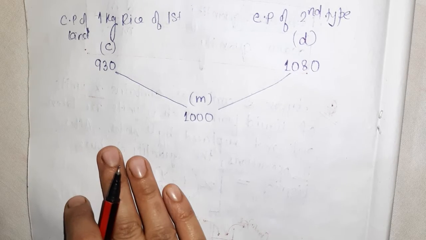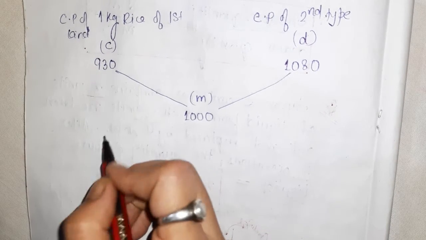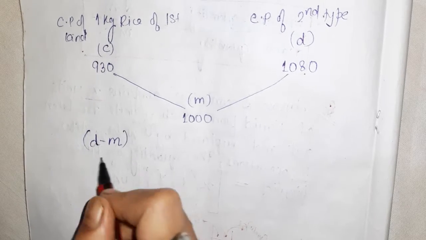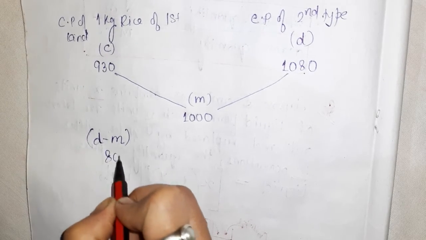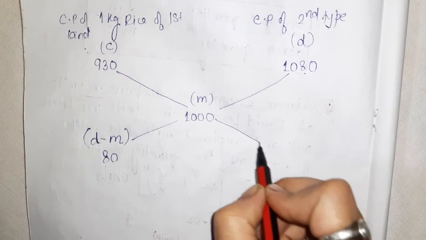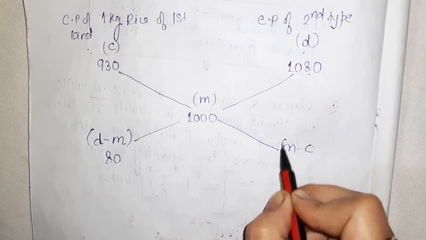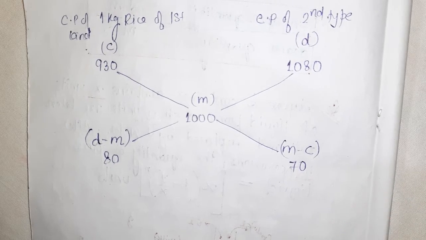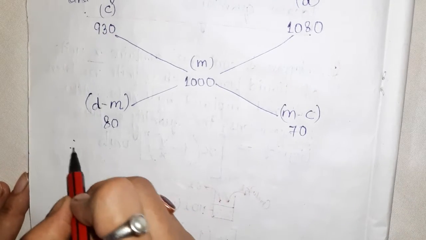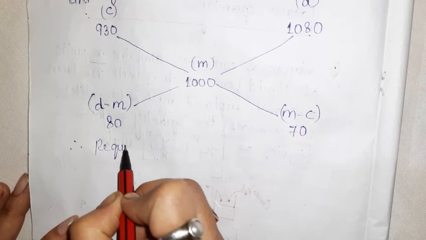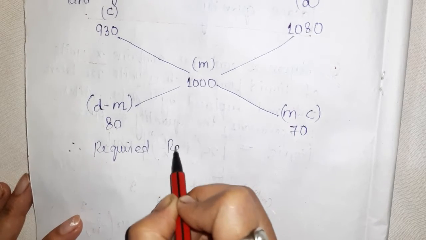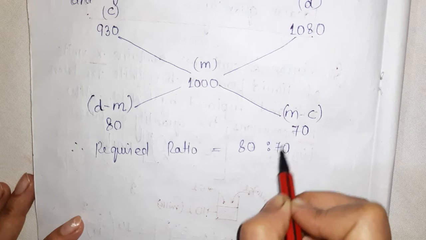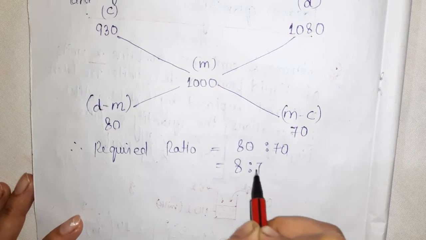Now here we have to write D minus M. This is D minus M, we get 80, and M minus C we get 70. Okay, so our required ratio is 80:70, that is 8:7.